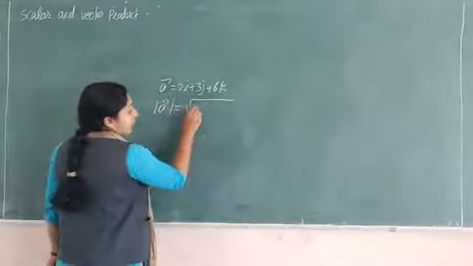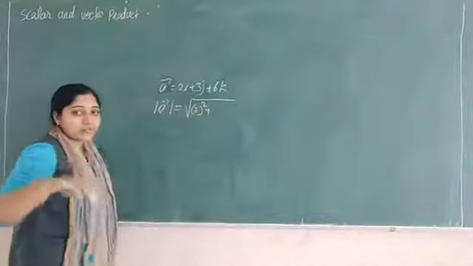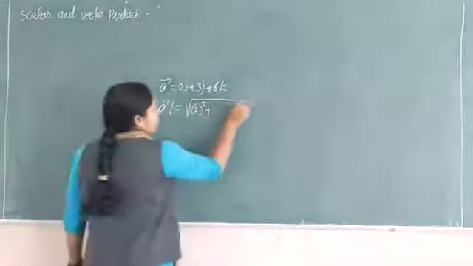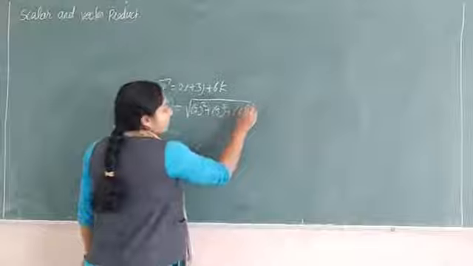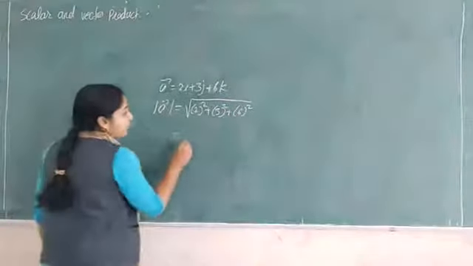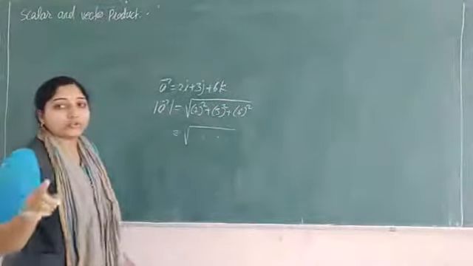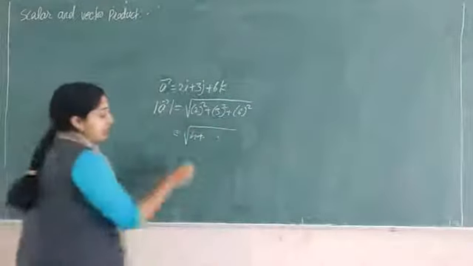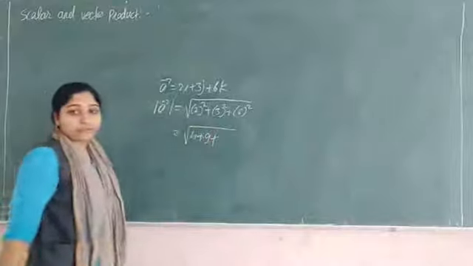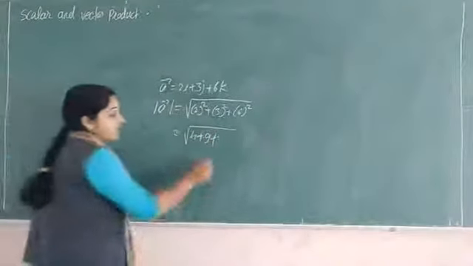So take 2 square plus 3 square plus 6 square. 2 square means 2 into 2, that is 4, plus 3 square means 3 into 3, that is 9, plus 6 square means 6 into 6, that is 36.